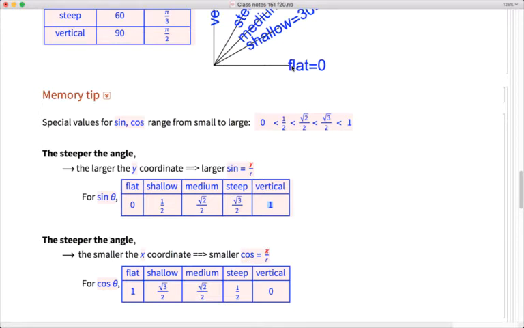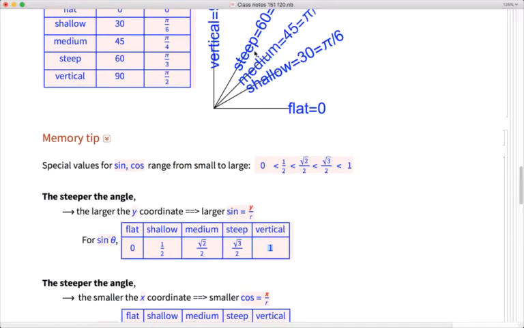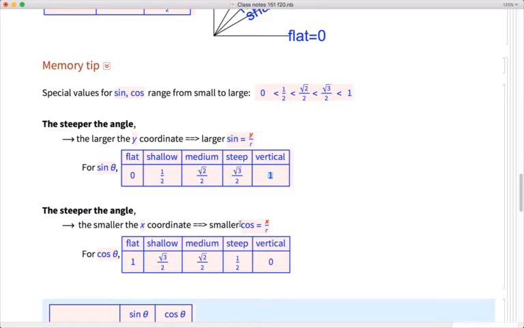For cosine, things work the other way. The steeper the angle, the smaller the x-coordinate becomes. Right? When the angle is flat, the x-coordinate is as big as it can be. But as the angle starts to get steeper, the x-coordinate gets smaller and smaller. So the cosine is the function that depends on the x-coordinate.